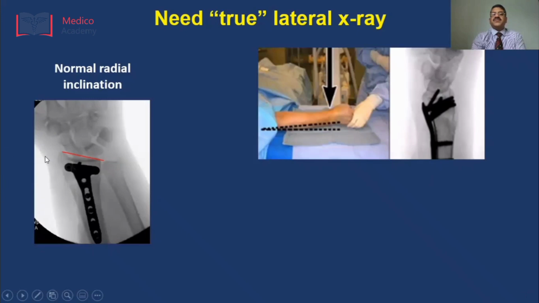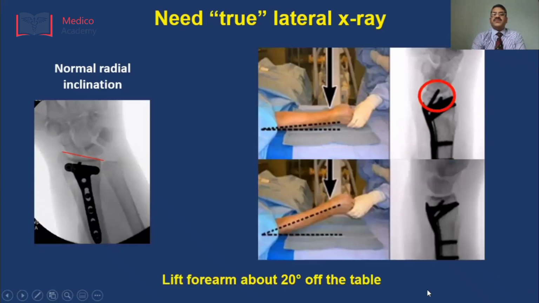And this is because of the normal radial inclination. To compensate for that, what we need to do is lift the forearm about 20 degrees off the table to take out the radial inclination from the equation. And this is a true lateral X-ray. Now you can see that in the same picture, the screw is very much within the joint and there is no intra-articular screw penetration.